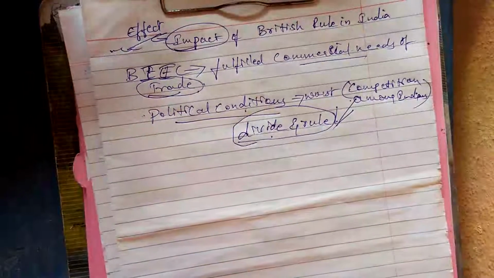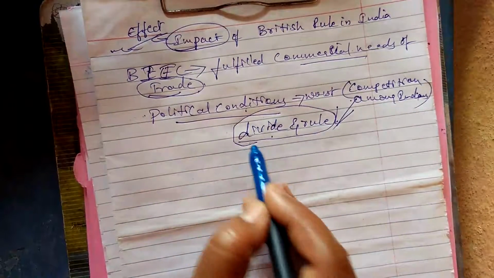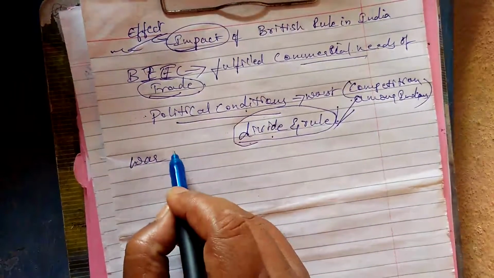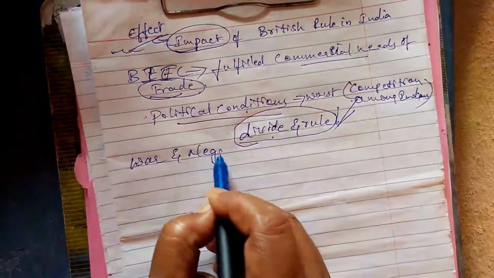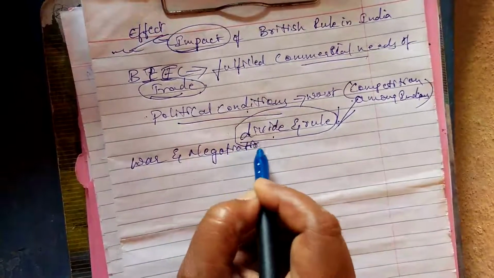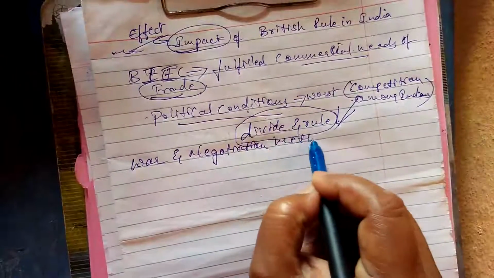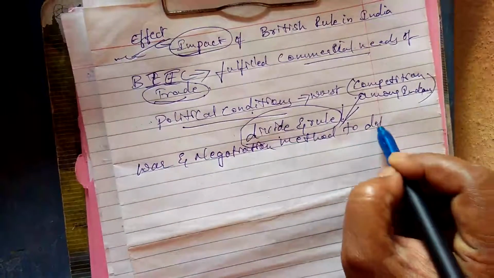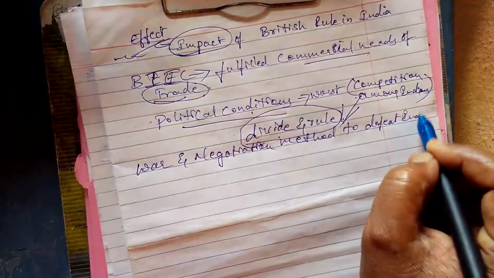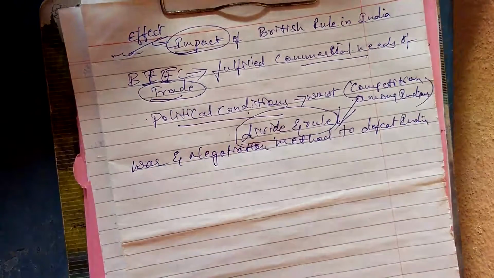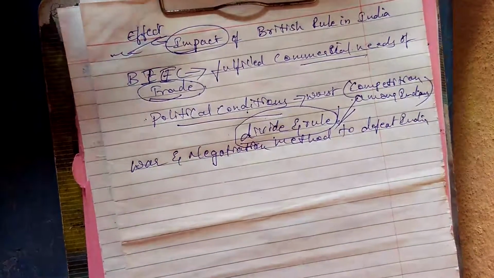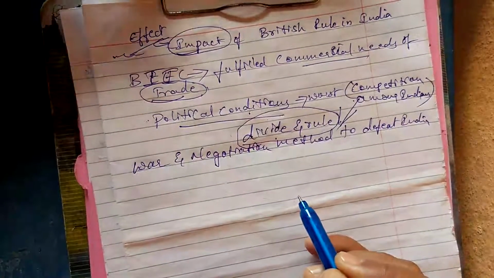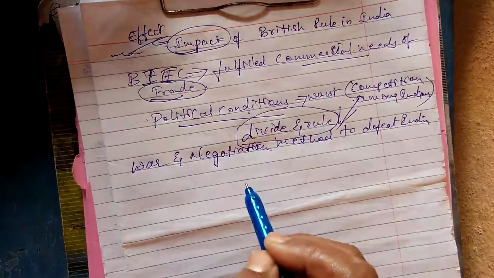And once they got control, they took a few steps, like they went with the war and negotiation method to defeat India. This is how they defeated India. And because of this, a number of changes took place in the administration of India.